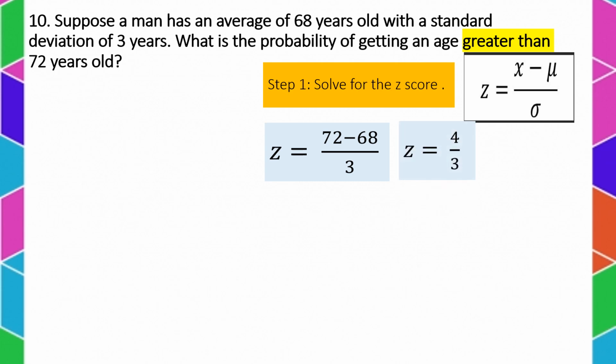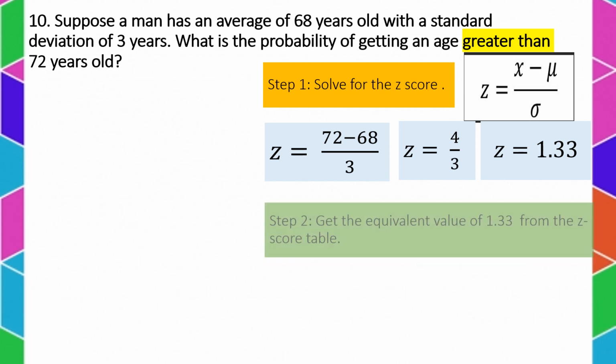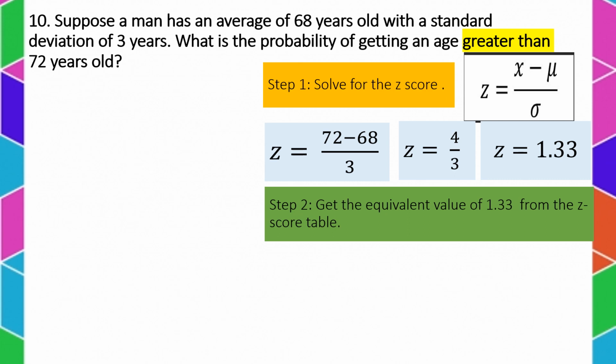Okay? So, we will get 4 over 3 or in decimal form, this is equal to 1.33. So our z-score is equal to 1.33.